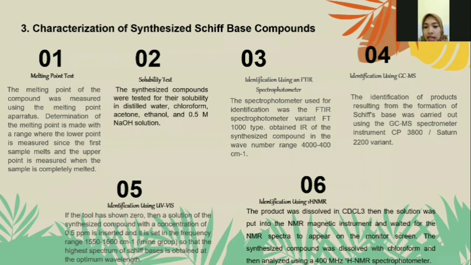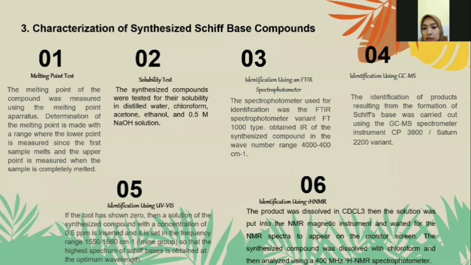Identification using an FTIR spectrometer. The spectrometer used for identification was the FTIR spectrometer variant FT1000 type. For identification using GC-MS, the GC-MS spectrometer instrument CP3800 or Saturn 2200 variant.